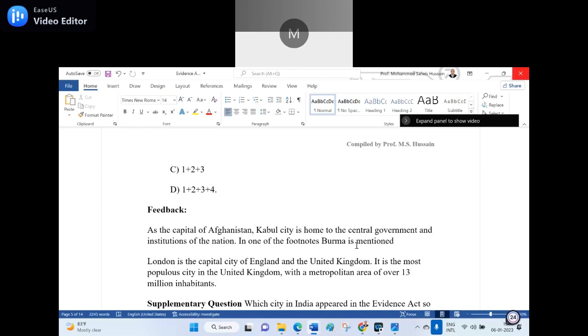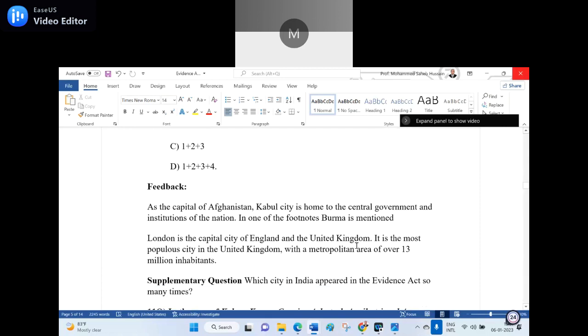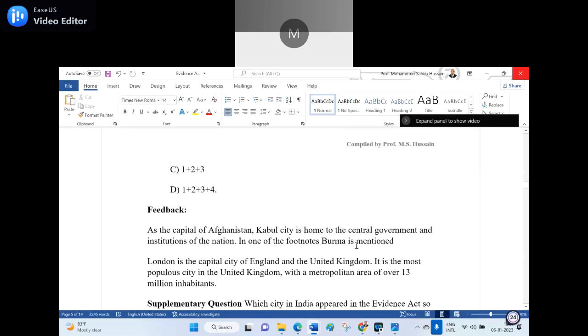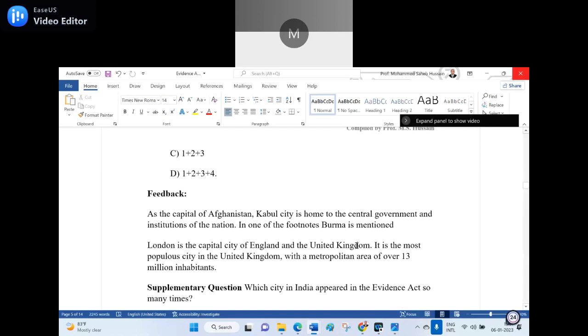Kabul is mentioned in the Evidence Act in one of the footnotes. In one of the footnotes, Burma is mentioned because George IV was there. London is the capital city of England and the United Kingdom. It is the most populous city in the United Kingdom with a metropolitan area of 13 million inhabitants. London is a costly city.